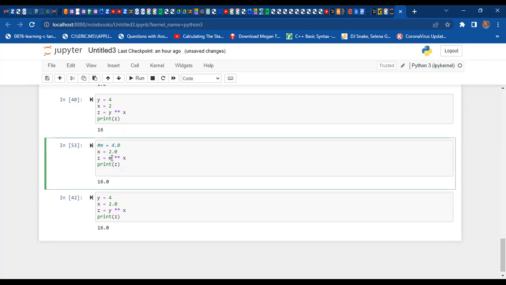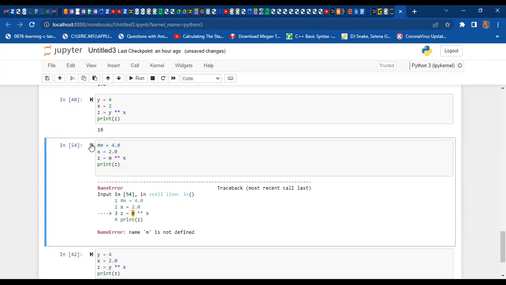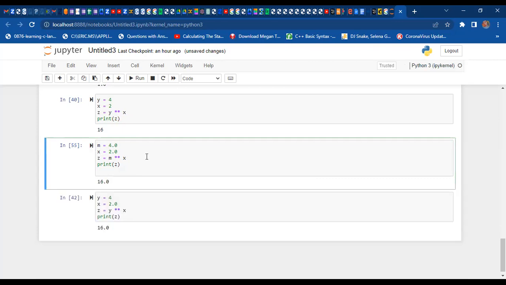As you can see, Python has not read that I have changed this value to M because I have added the hash. But if I remove it, it reads it.